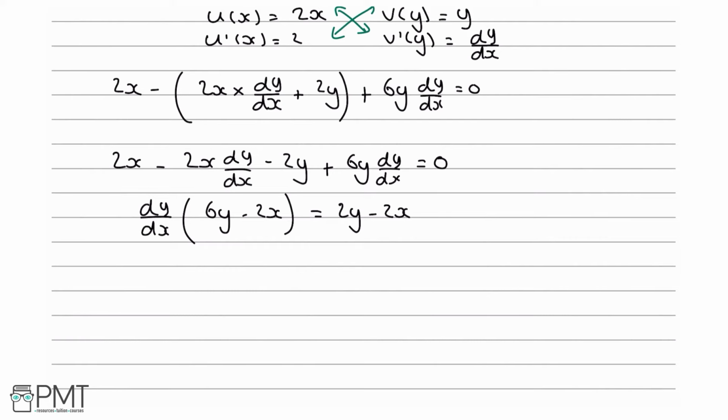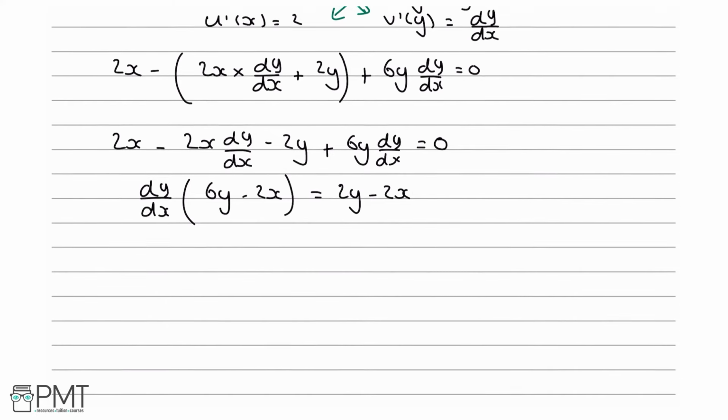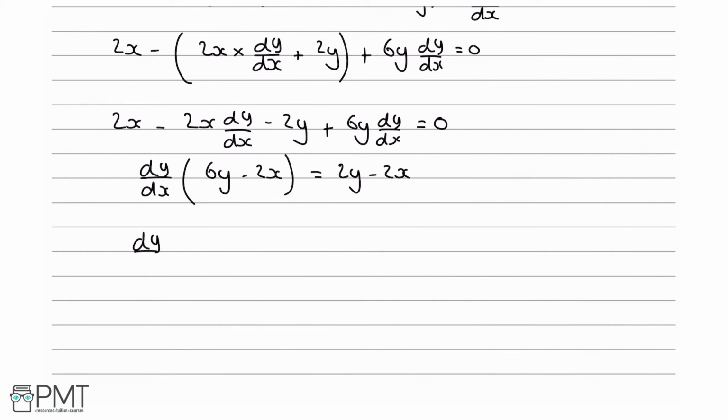Now what I've done here is rearranged the 6y and the minus 2x to put the 6y forward, and then I've taken dy by dx out as a factor, and on the other side I've moved minus 2y plus 2x to the other side to get 2y minus 2x, okay? From here we can say that dy by dx equals 2y minus 2x over 6y minus 2x.